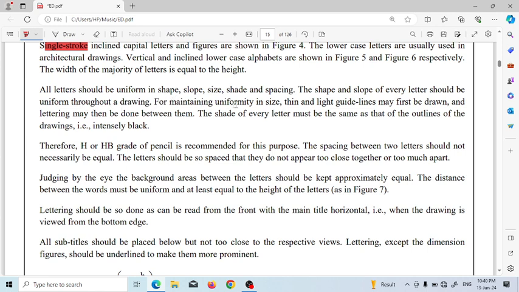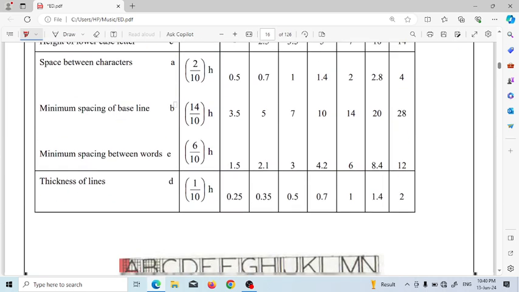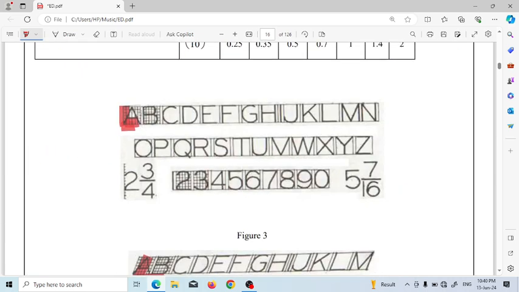For maintaining uniformity in size, thin and light guidelines may be drawn first, and lettering may then be done between them. So for lettering purpose, we first draw the lines. After drawing the lines, then we can do the lettering. For example, we have to write D. After drawing the lines, in between we can place the letter D.